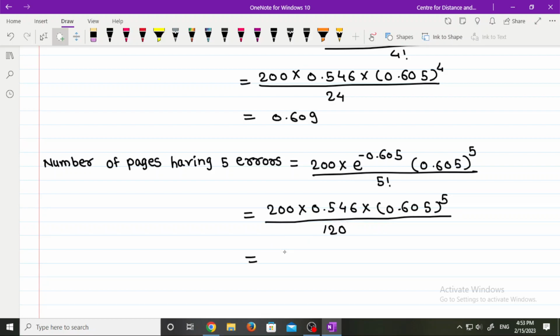And the answer, that is the number of pages having 5 errors, is 0.073. Okay.